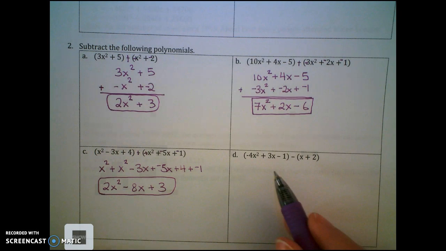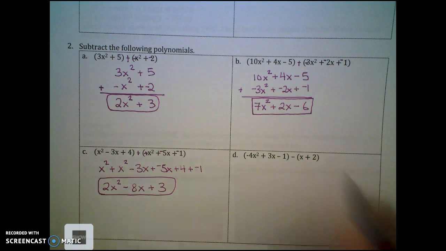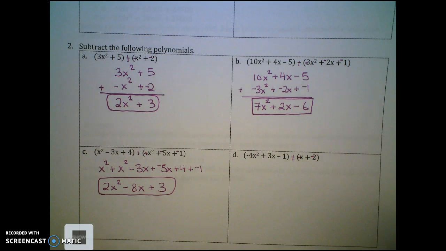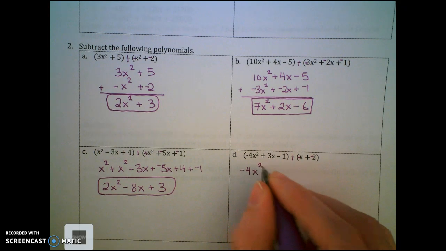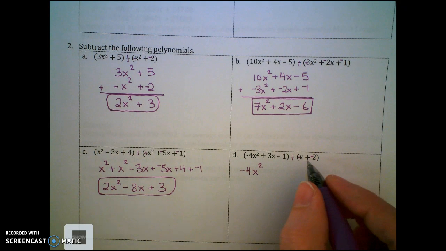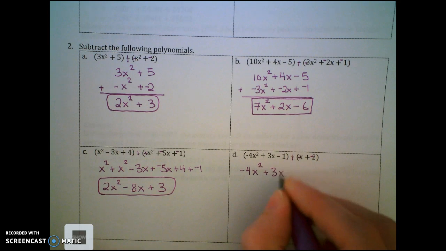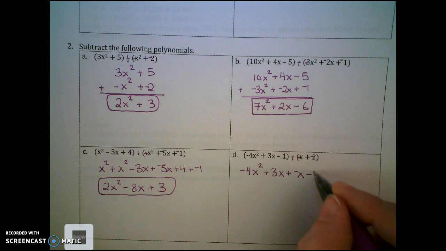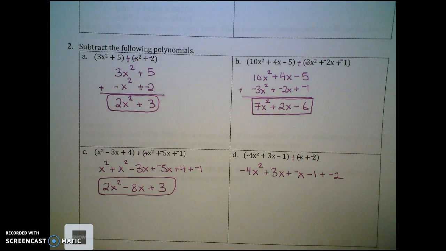Last, I have negative 4x squared plus 3x minus 1 minus the polynomial x plus 2. So I will add and flip my signs. So I have negative 4x squared, and I don't have an x squared term here, so I just move on to my x's, plus 3x plus negative x minus 1 plus negative 2.